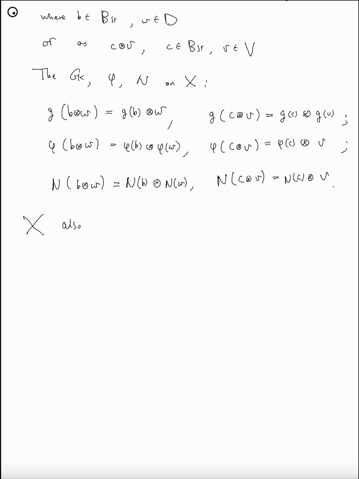X also has a filtration. And then by the map X to Q_p tensor X, we have an inclusion as follows. So we start with X, and we map it into X_dR, defined to be the p-adic tensor. We extend from B_ST to p-adic.